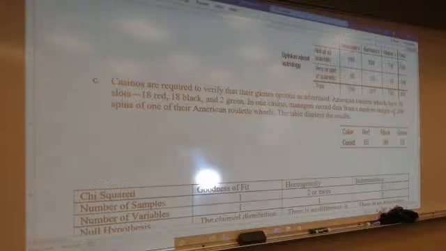Otherwise, the roulette table has a bias of some sort. Maybe it wasn't built very well. Eric, for C, what kind of chi-square test would you use? Goodness of fit. That's right. How do these numbers compare with what they should be?